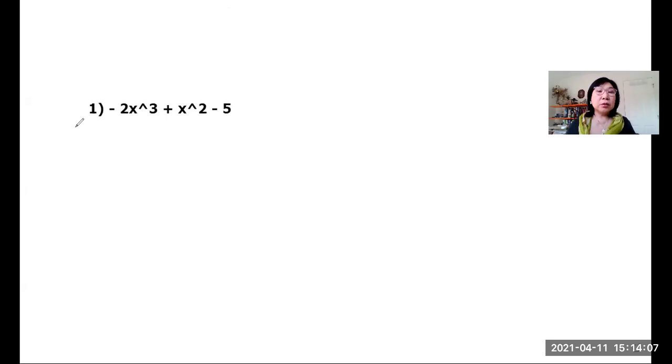Forgive me, this is very ugly, right? So let's say I have the square root of 2 times x to the power 4, minus square root of 3 times x, and plus 2. So that's the second question, right?